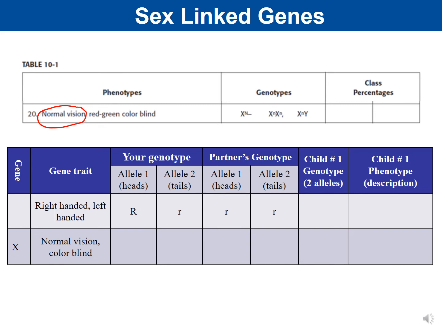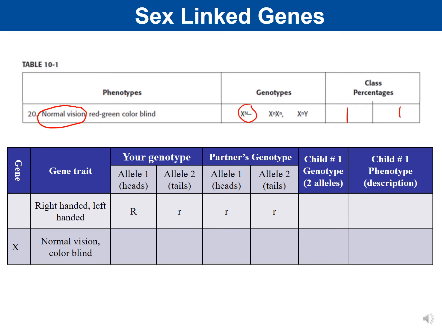Now I need to figure out my genotype. Again, remember class percentages, we're not doing that. But I need to figure out my genotype. So my genotype is that I have normal vision, so I am X big N something.